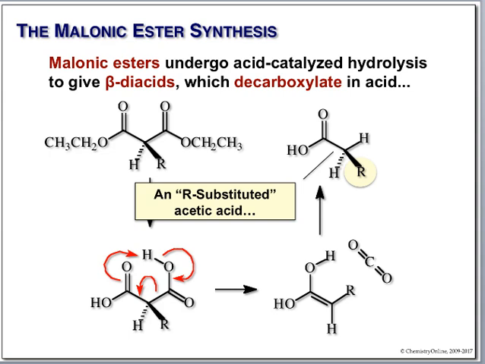This is called a malonic ester synthesis. You should write this down. The hallmark of a malonic ester synthesis is that we make a substituted acetic acid. Malonic ester synthesis yields a substituted acetic acid.